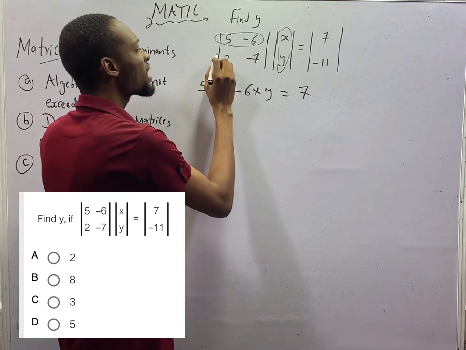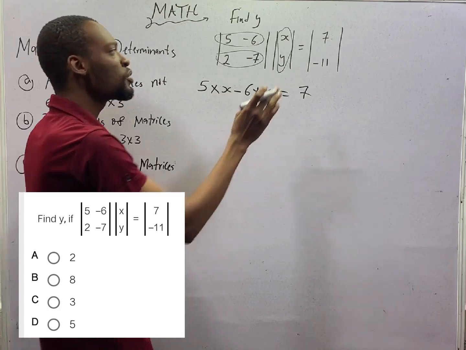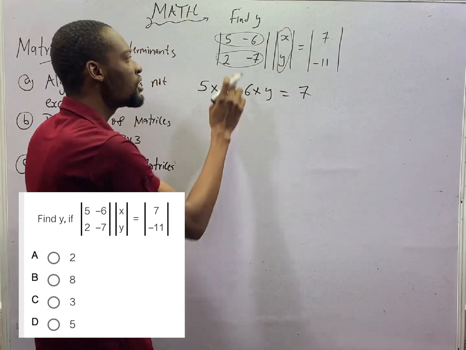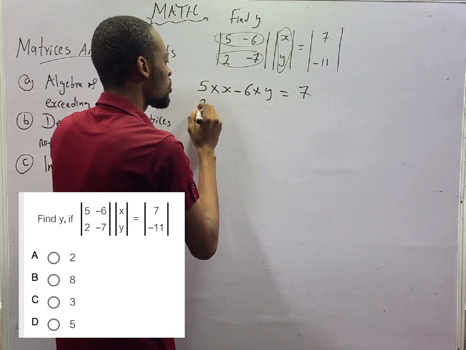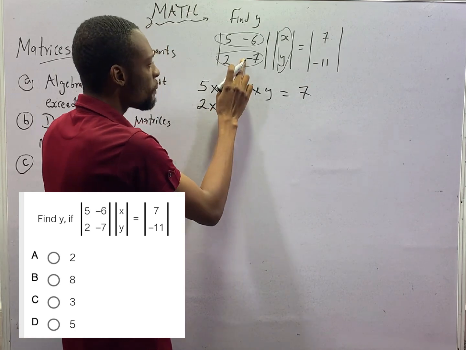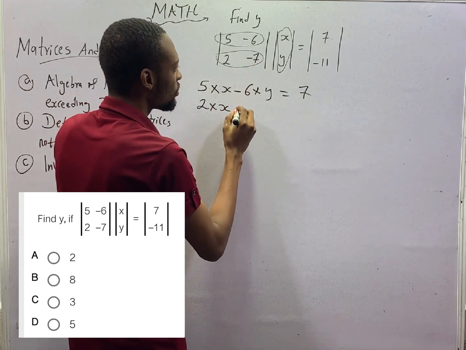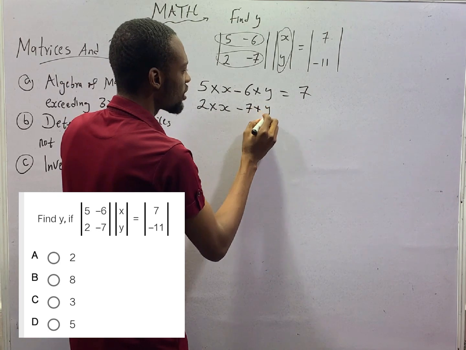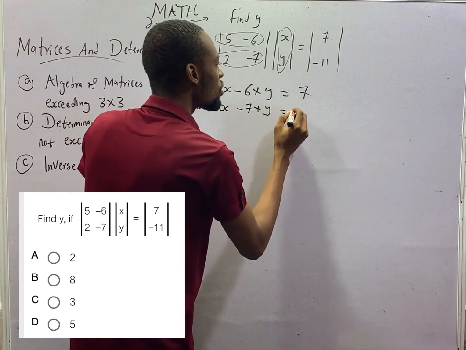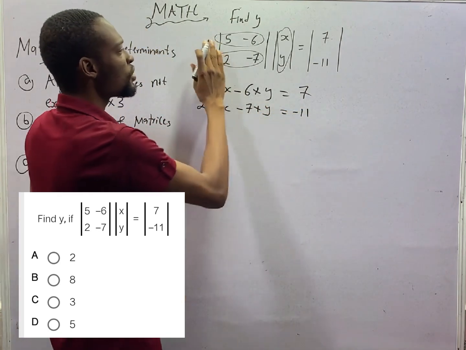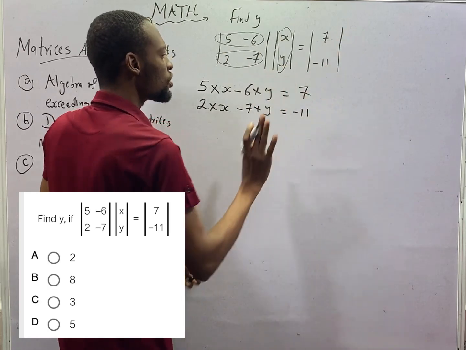Also, you pick out these 2 and use them to multiply this. That will be 2 times S minus 7 times Y. This should be equal to minus 11. So here equals this, here equals this.